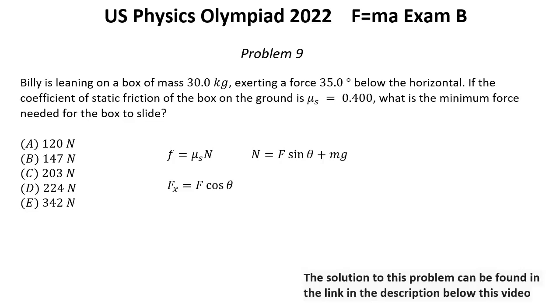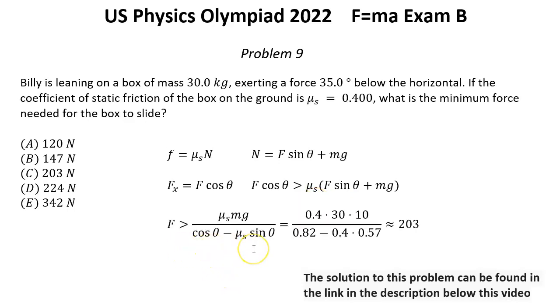So it means that applied horizontal force Fx equal F multiplied by cosine theta, and it must exceed force of friction. It means that we have this inequality from which we can find a minimum force F. That will be this expression, which is 203 newtons. That's answer C, and that was a solution for problem number 9.